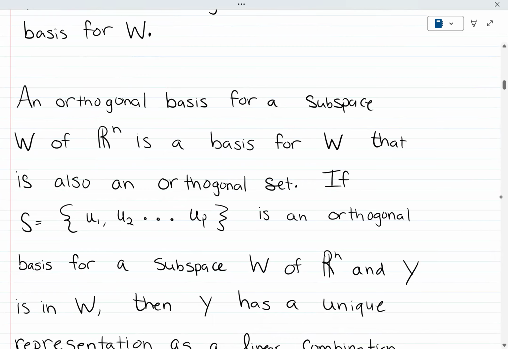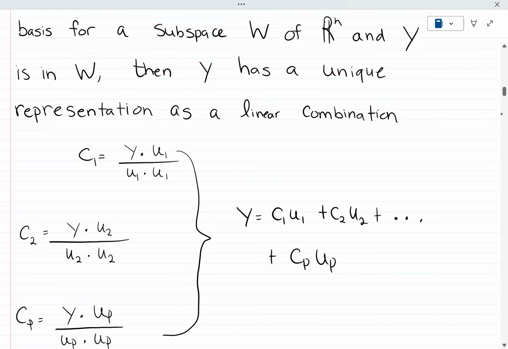Let me go over this theorem again. So y equals c1 u1 plus c2 u2 and so on up to cp up, where c1 is y times u1 over u1 times u1, c2 is y times u2 over u2 times u2, and so on.